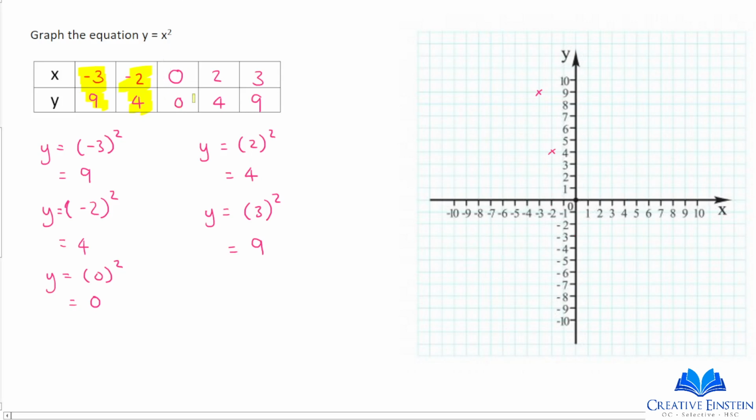We have 0 and 0, so that's the origin. 2 and 4. So 2 up to 4. There we go. And our last number, 3 and 9. So 3 is there. We'll go up to 9, and there we go.